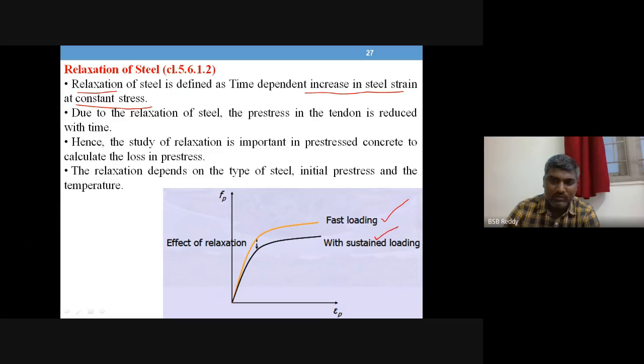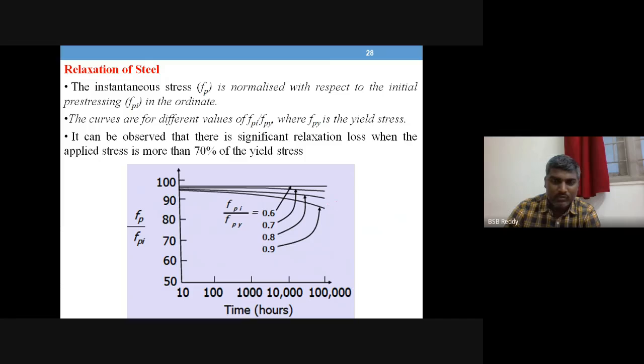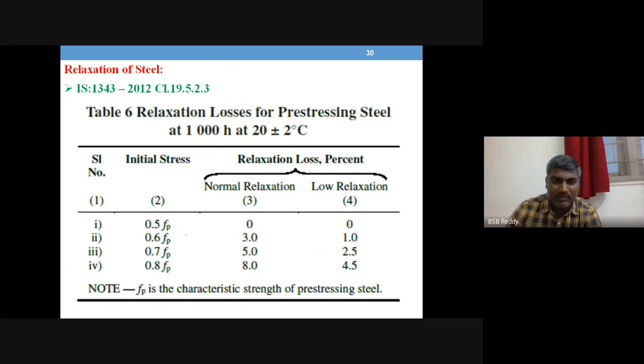If you slow down the loading process, the relaxation loss will come down. Also, for the value of the stress that you induce, if it is no more than 50%, you don't expect any relaxation loss, it is zero, and that is given here.